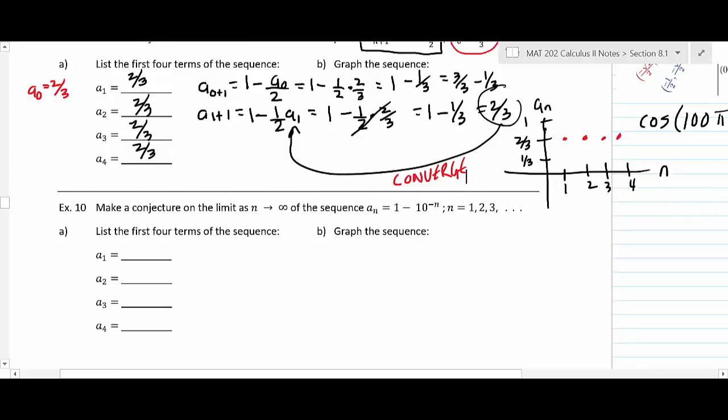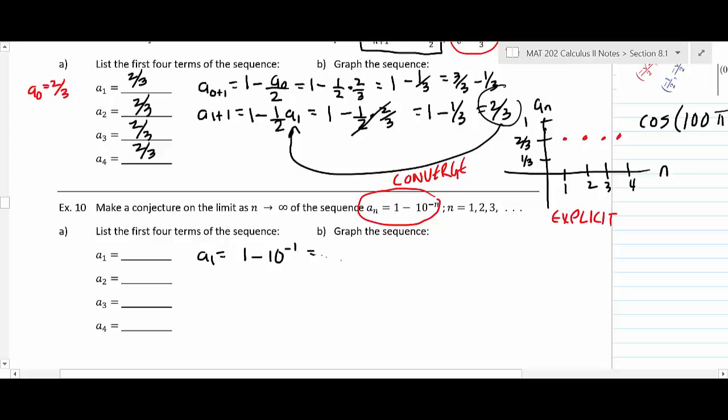And this one again, now this one is an explicit formula. And it's an explicit formula because there's just one formula there. Okay, so that just gives you everything in one step. So we're going to go ahead and crunch this out. A sub 1, we're going to do 1 minus 10 to the negative 1 and work that out. We're not going to use a calculator on this necessarily.